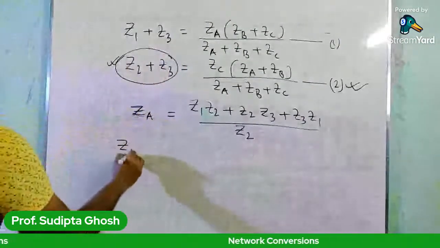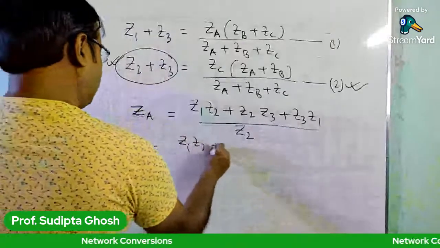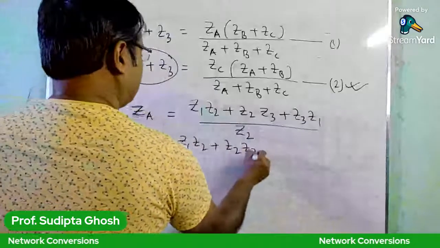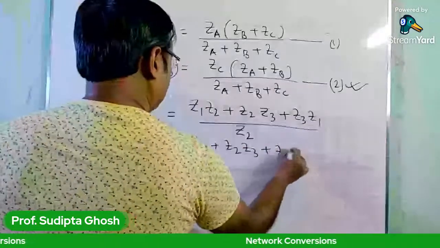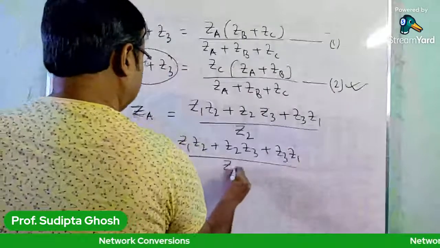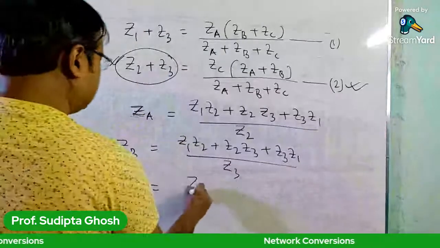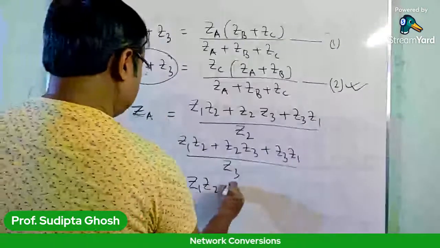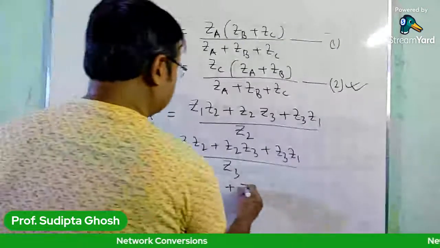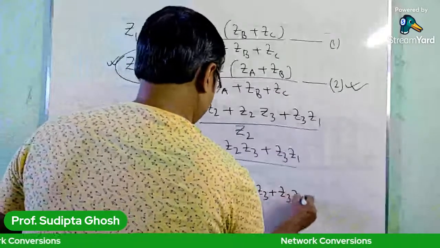Then the value of ZB is Z1 Z2 plus Z2 Z3 plus Z3 Z1. You can find that in the entire values of ZA, ZB, and ZC, the numerator remains the same, that is Z1 Z2 plus Z2 Z3 plus Z3 Z1.